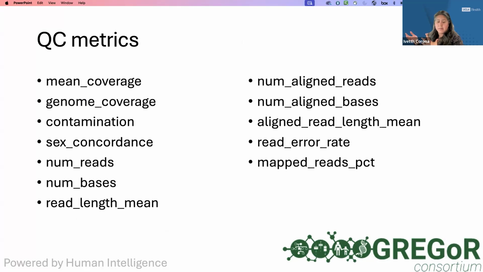GREGoR has a group of scientists who have thought about the key metrics you have to keep track of. It's available on GitHub, on the GREGoR Consortium page, where they have the data dictionary. Once we merge our data with other data sets, it's readily available to have all these metrics and compare whether they are of good or similar quality.